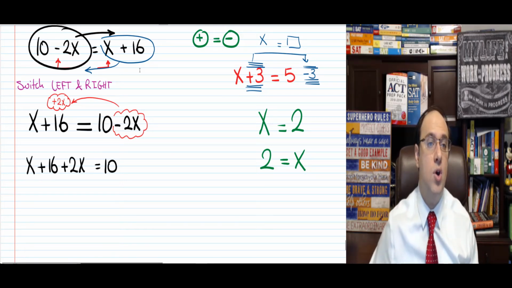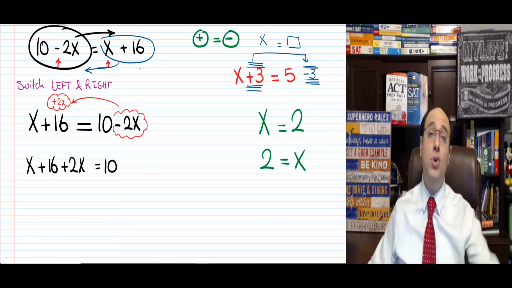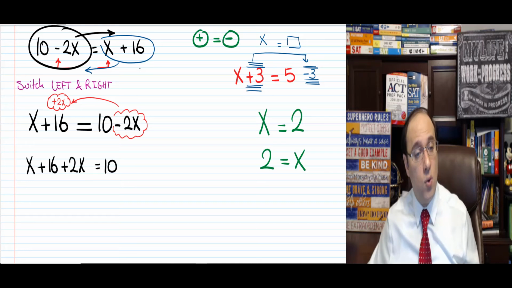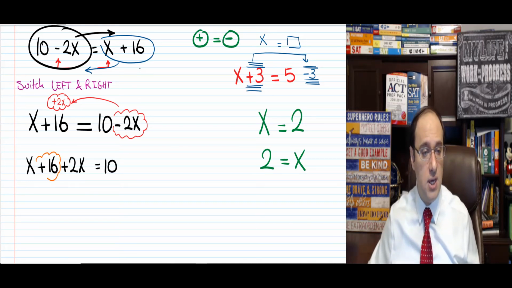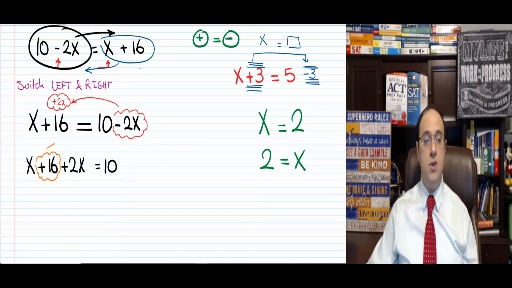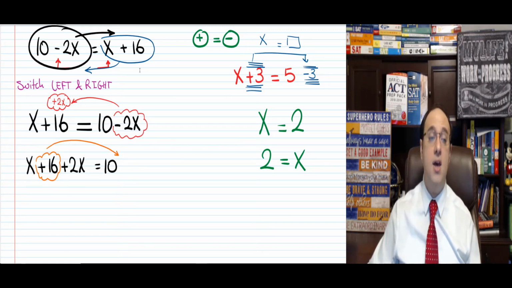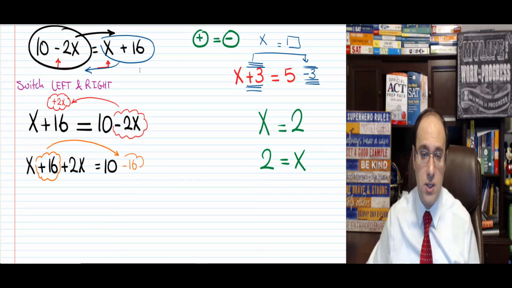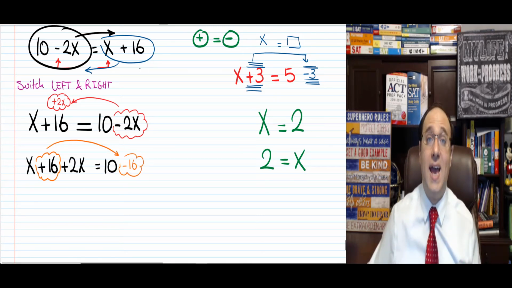Now what do we need to do? Well, I want only x's on the left, and I want numbers on the right. So I need to get rid of the plus 16 right here. It has to move to the other side of the equal sign. Plus 16 goes to the other side as minus 16. Super. Rewrite again.